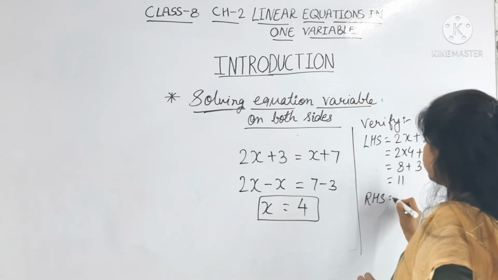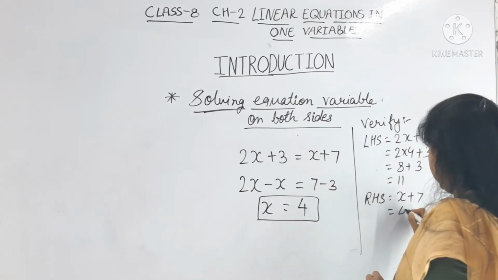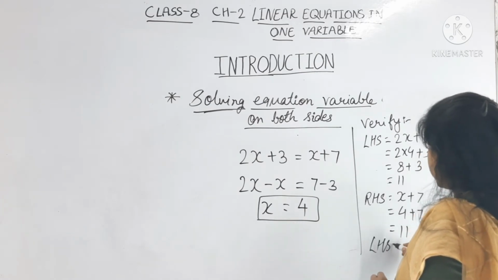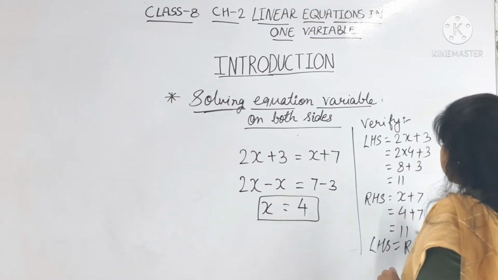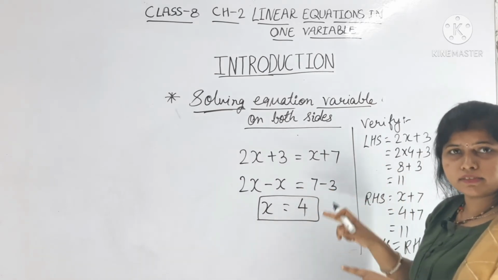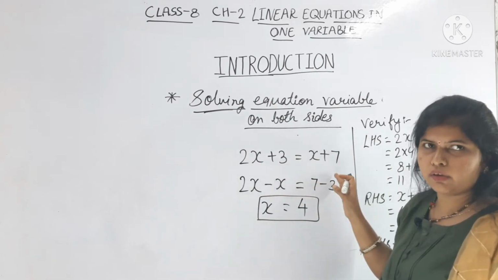Now RHS is x plus 7. I am getting 4 plus 7 is 11. So LHS equal to RHS. So this is verified. So you can check whether the answer is right or wrong by putting the value in the given equation.